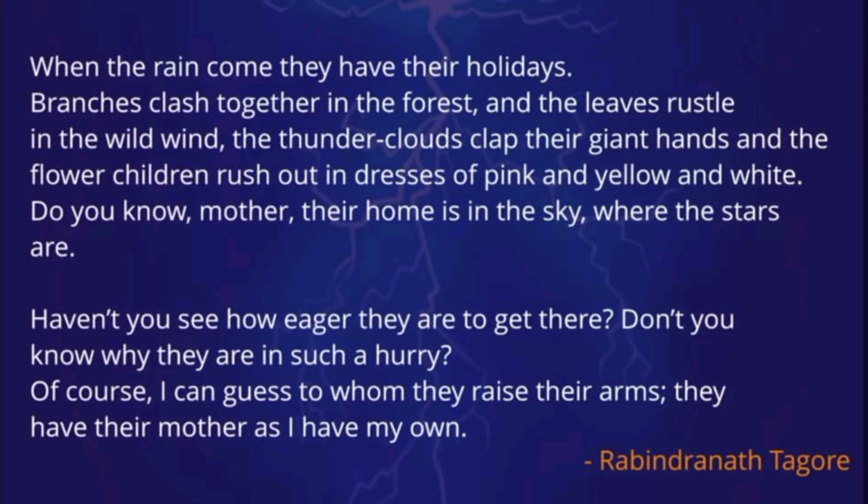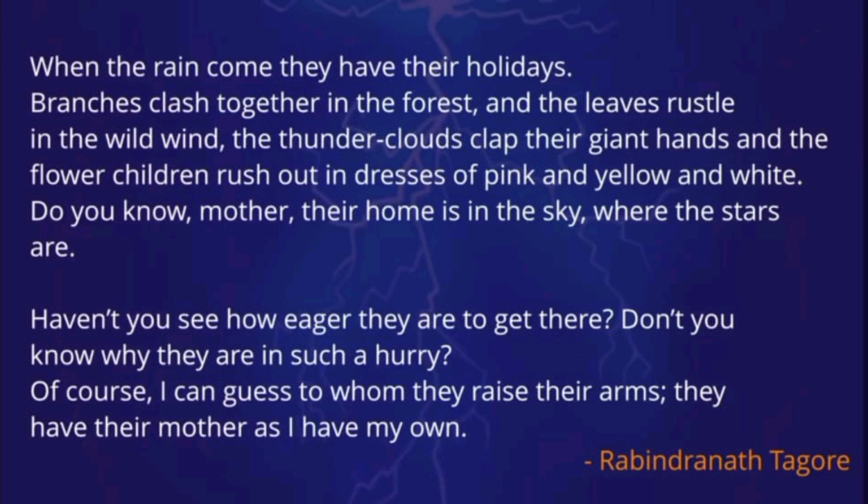See children, now in the last stanza, the poet is saying that they ask his mother if she knew the flower's home too was in the sky among the stars. Fine. And the last line of the poem brings tears to the eyes of the readers. Why? Because the poet says he knows why the flowers raise their arms to the sky.